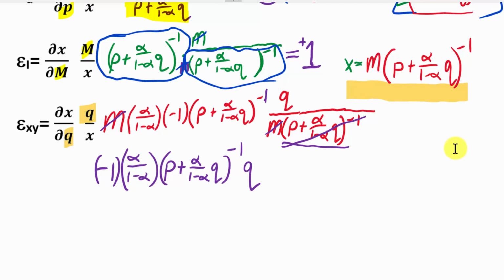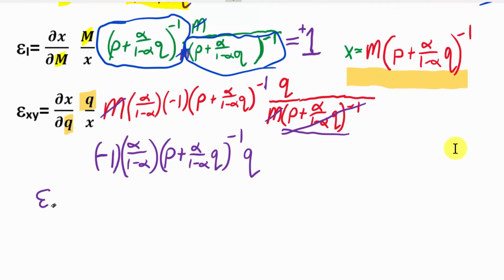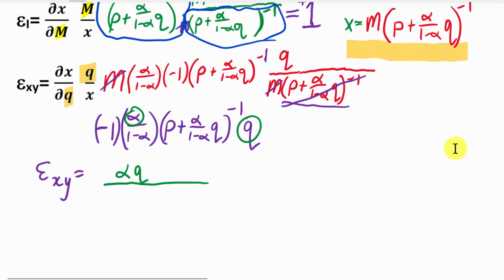Now let's see if there's any way to clean this up in an obvious way, make it look a little simpler. I'm not seeing anything really obvious here. I think we can move some things around, but it's not really going to make it a whole lot simpler. We can just say that alpha and that q are both in the numerator. Everything else goes in the denominator.